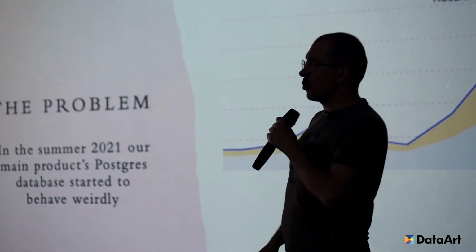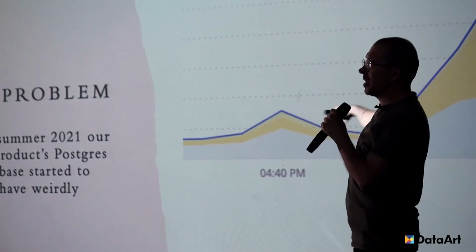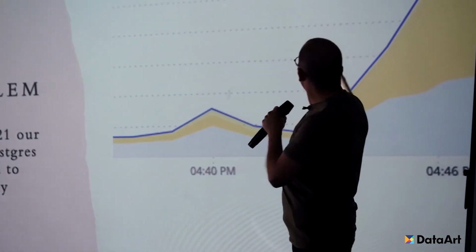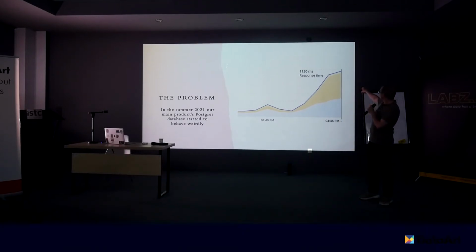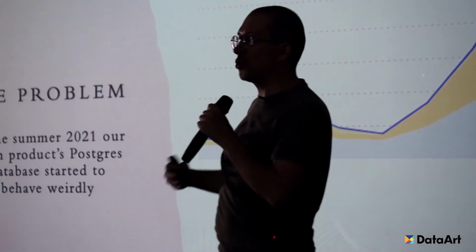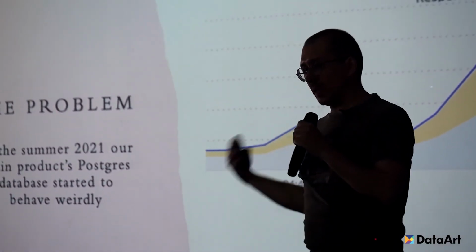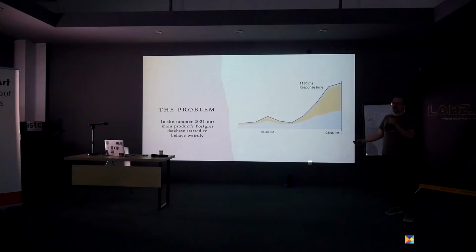So our Postgres database started to behave like this. Yellow is Postgres response time. I cut it there, so it started to grow, and after that, the only way to make Postgres work was to restart the service.